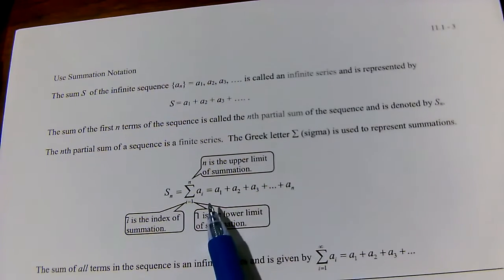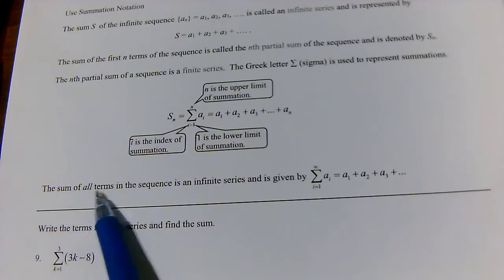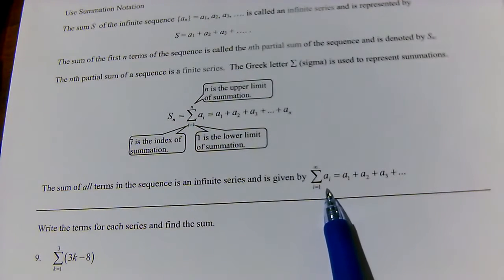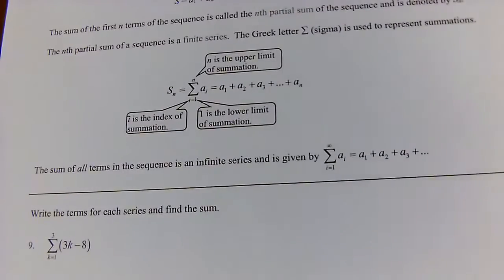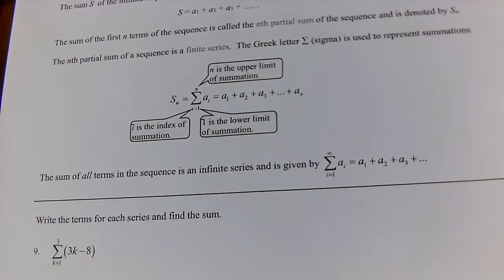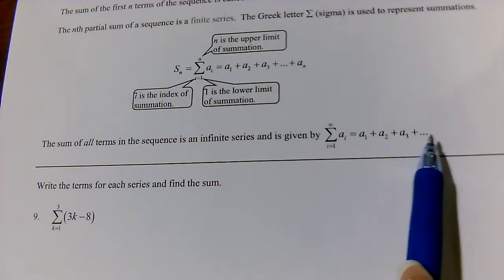Okay, that's going to be our notation. So if we wanted to know all the terms from an infinite series, we would just use the notation of the summation from 1 to infinity. That means we're going through all of the specific terms. And notice here it just has that dot, dot, dot.